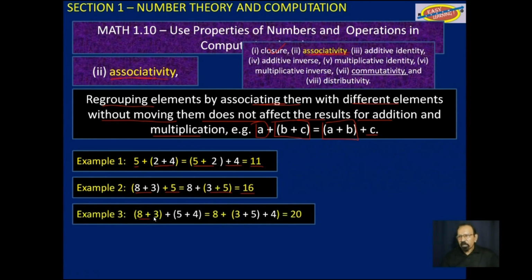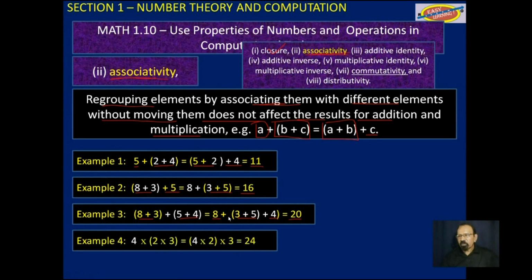8 plus 3 plus 5 plus 4 is the same as 8 plus 3 plus 5 plus 4. We still get 20. Next, 4 multiplied by 2 times 3 is the same as 4 times 2 multiplied by 3.